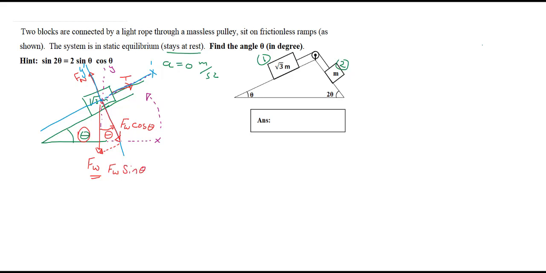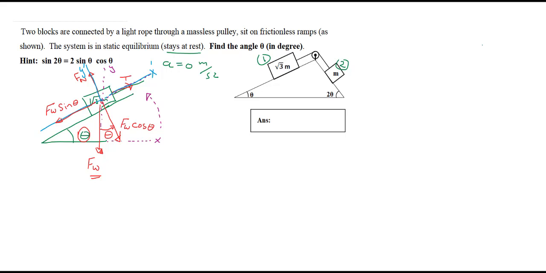Okay, so it's going to be here. I'm going to put it here. Okay, FW sine theta. I'm going to remove this. Anyway, okay, so we have a lot of stuff here.